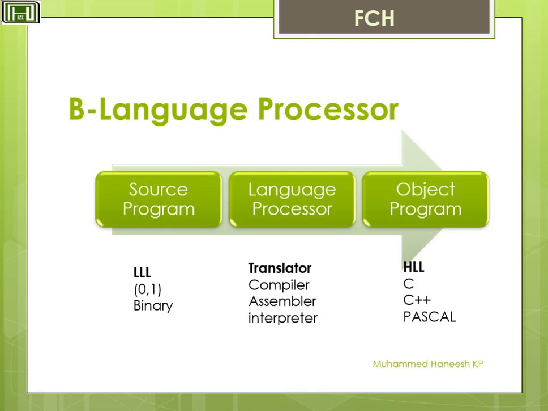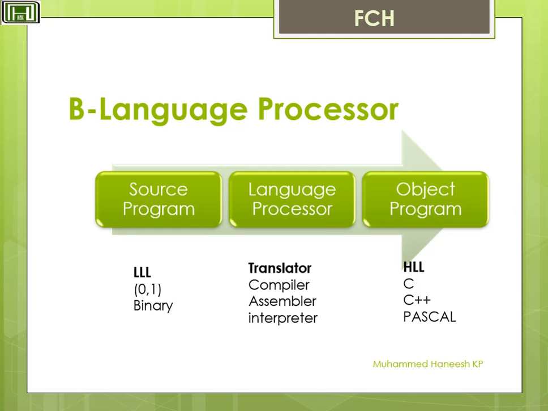Now our next system software is the language processor. A programming language is an artificial language designed to express computations that can be performed by a computer. So we have several programming languages, called machine languages, assembly languages, and high-level languages.